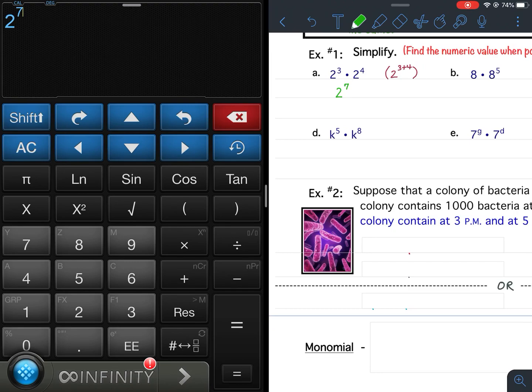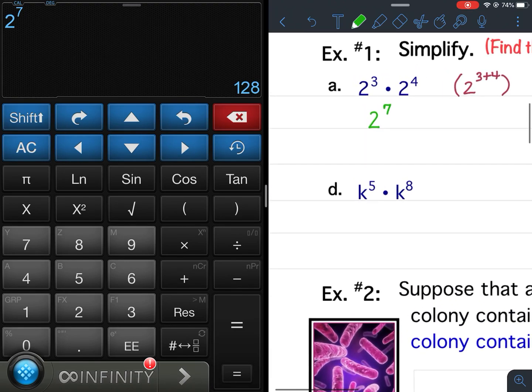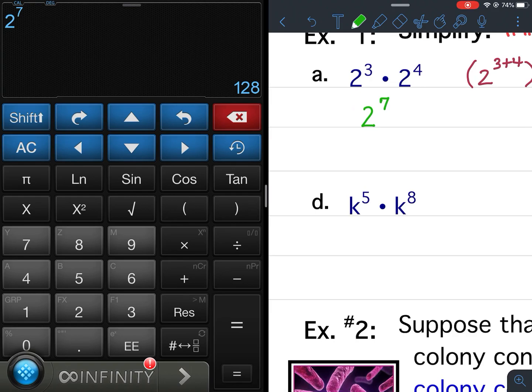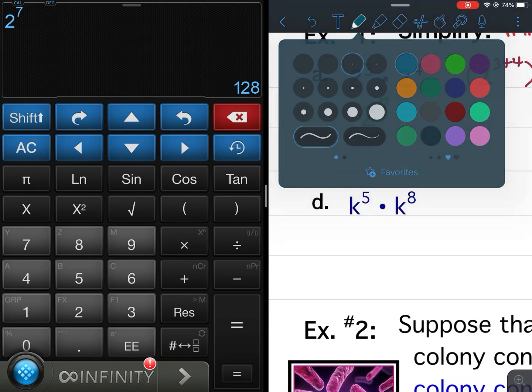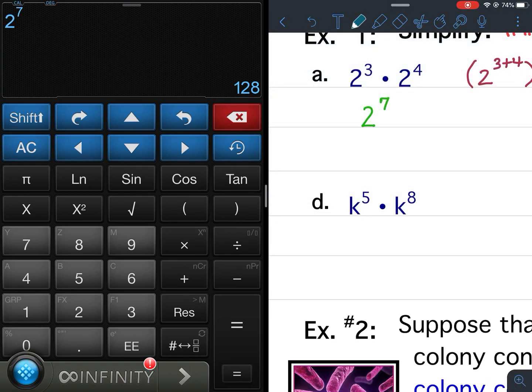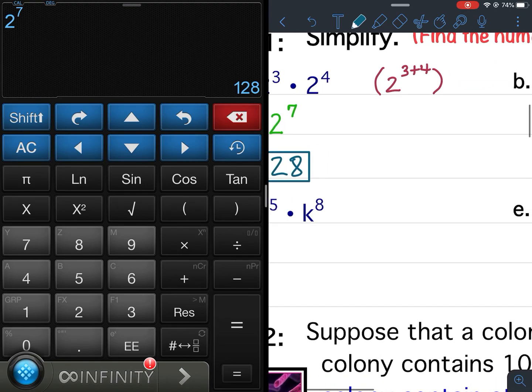So 2 to the 7th power is 128. So for example A, 2 to the 7th is 128. Again, I added the exponents and then I just put it in my calculator.